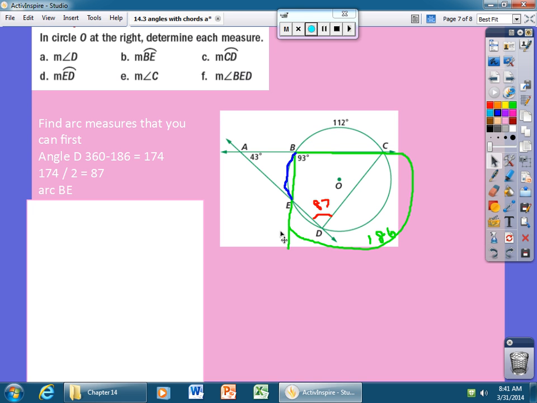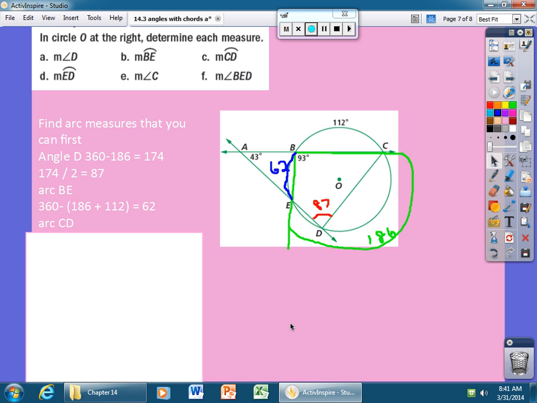The whole circle is 360 degrees. I already know that this piece is 112. I know that this piece is 186. So I just subtract those two from 360, and it tells me that this arc right here is going to be a 62 degree arc. So that gave me BE.